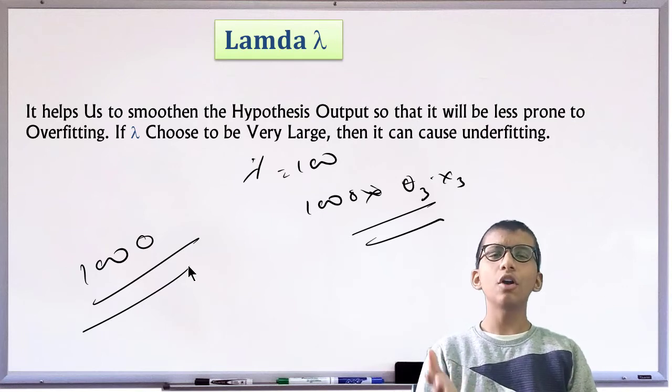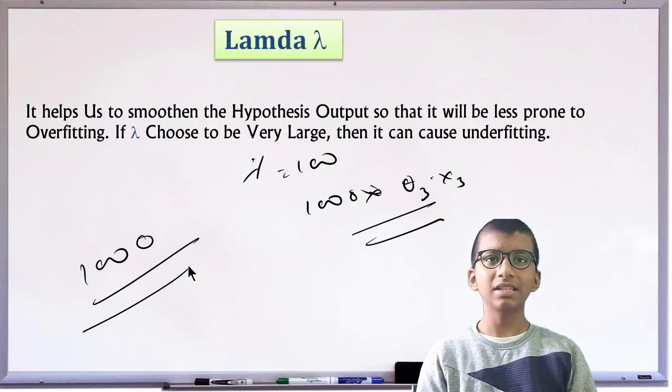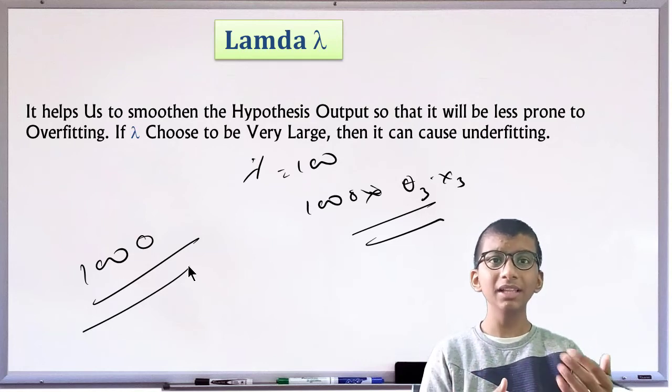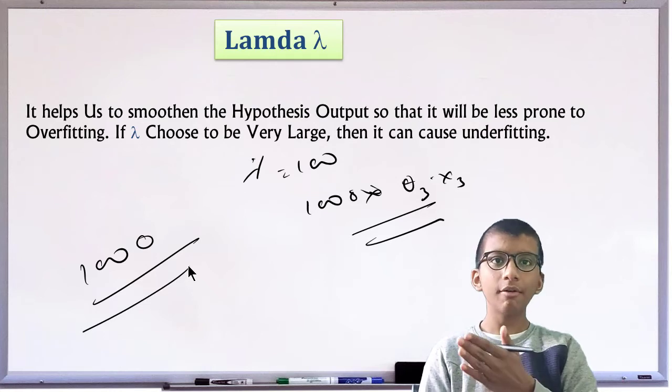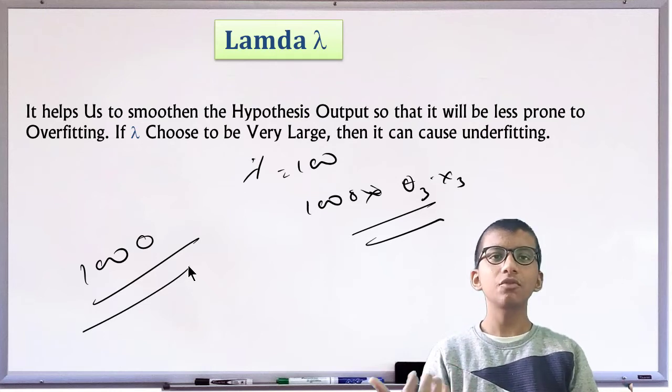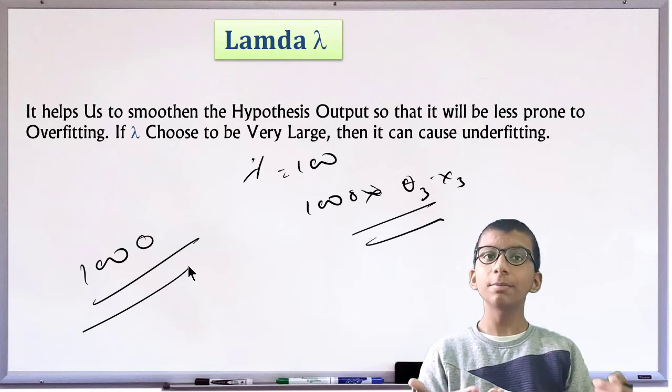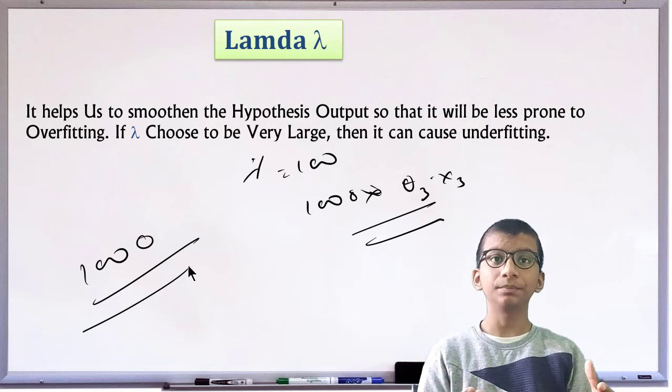So I have talked about lambda, regularizing, and the cost function, and these are pretty easy. You can understand it very well. If you haven't, be sure to rewind this video and try to understand, and if you still haven't, please comment below so that I can understand your problem and make it clear to you.